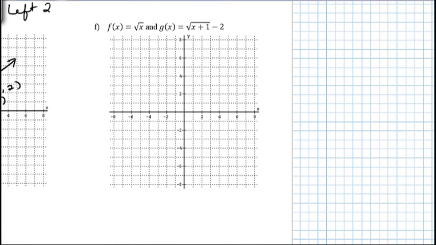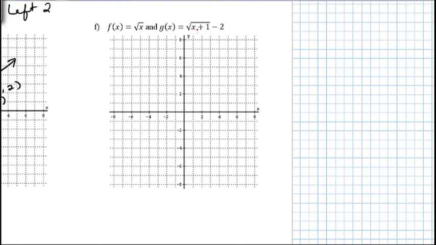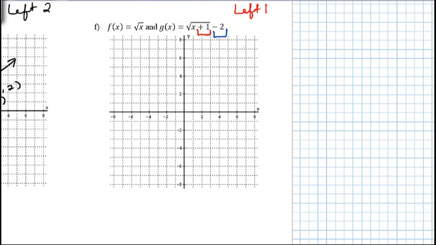In our next graph here, again, we have a couple of things going on. We have a plus 1 inside, or underneath our square root, and since it's plus 1, that means we're going to go left 1. And then we have a minus 2 on the outside, that means that we need to go down 2. And it's the square root graph, so that was the quadratic graph or the x squared graph on its side.